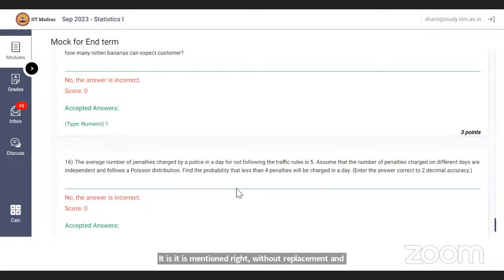We can judge it, but you can judge it only if you are clear with your definitions. If they give something like, let's say, over time or kind of things, then they may not mention the Poisson also. You have to be clear with the definition of each and every distribution.